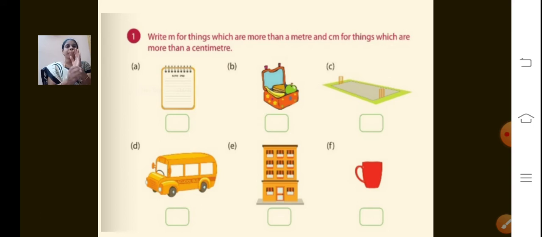If it is a small object, we can use centimeter. If it is a lengthy one, we have to go for meters, isn't it? If it is more than a meter, we write M, and if it is more than a centimeter, we write CM.